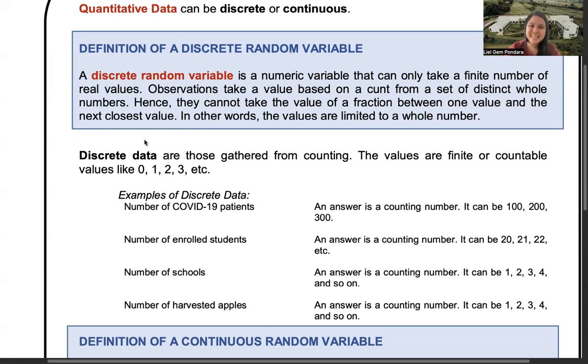Number of cities. Yes, discrete. Enrollment. Yes, it's discrete. Number of test questions you answered correctly. Yes. Number of friends. Yes. So anything that is countable, we call it discrete data.